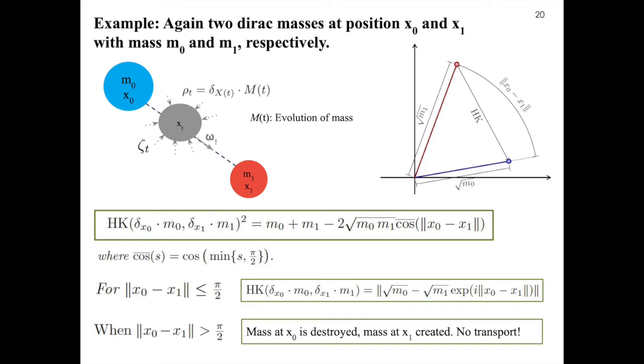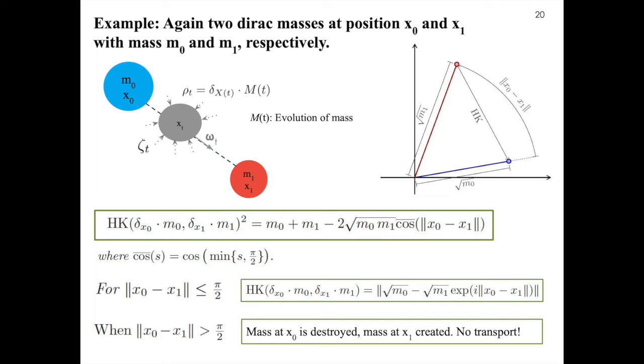So again, rho gives you the mass density at each time instant t. Omega gives you the speed at time instant t. And this zeta term tells you how much you create or destroy mass at this particular time instant. There is one complication here that is new to the HK distance.